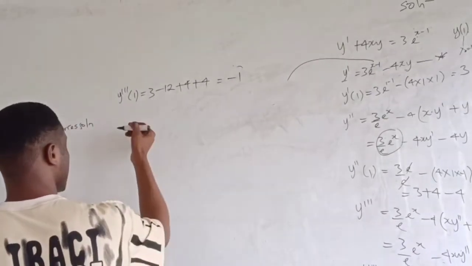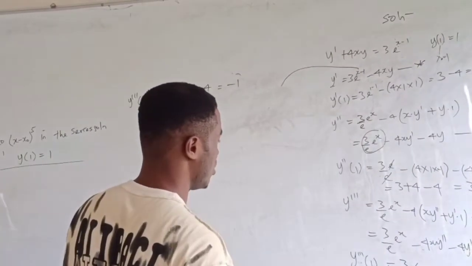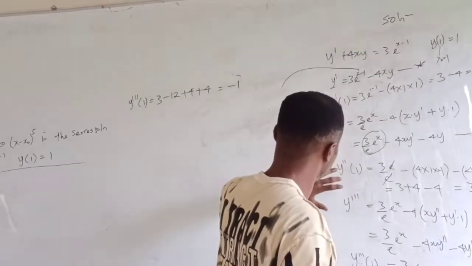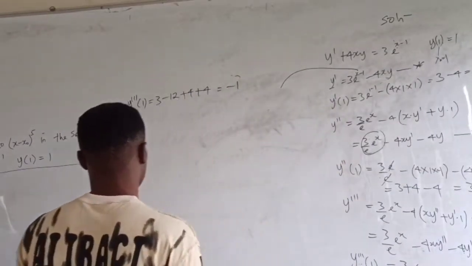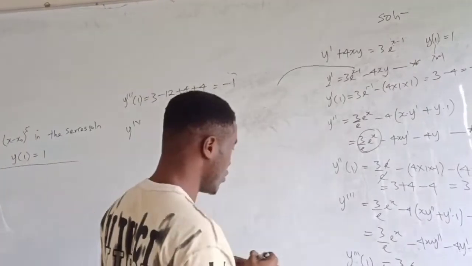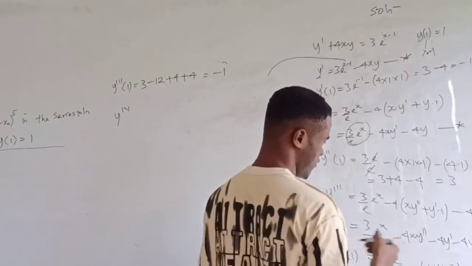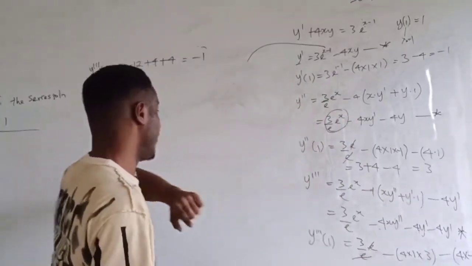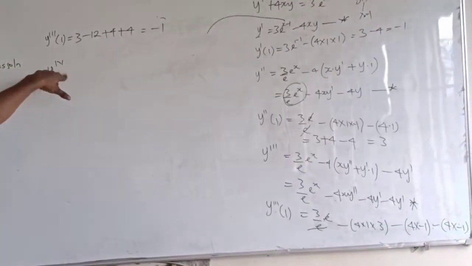Okay, so to get the value of our fourth prime, y to the iv, it is gotten from the value of our third prime. If you differentiate your third differential, you're going to have a fourth differential.